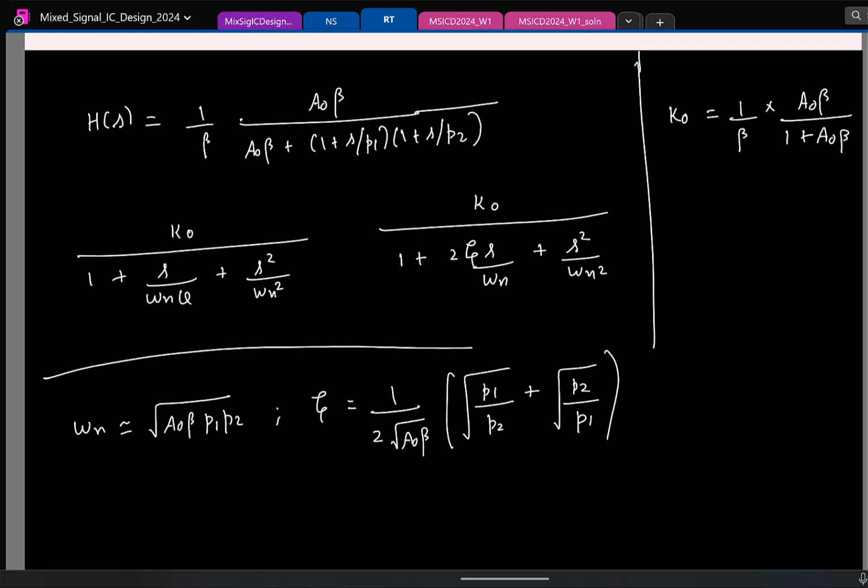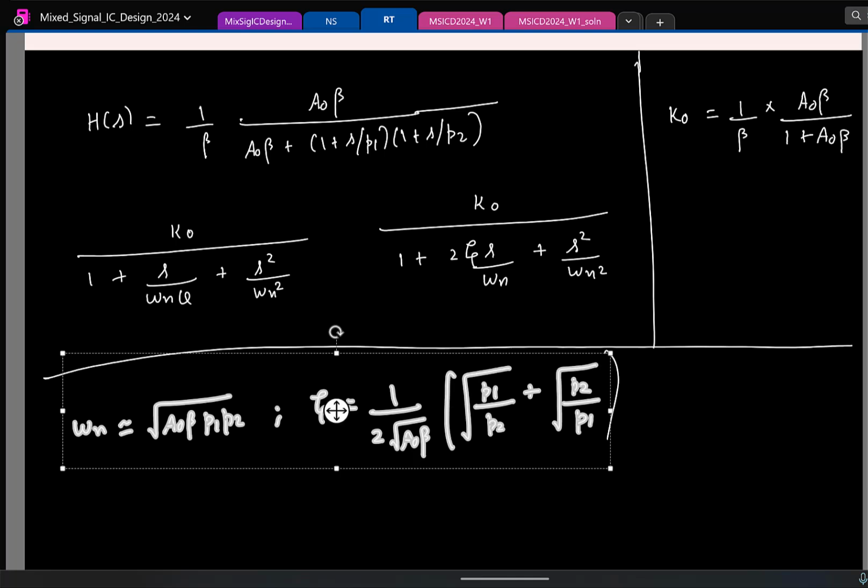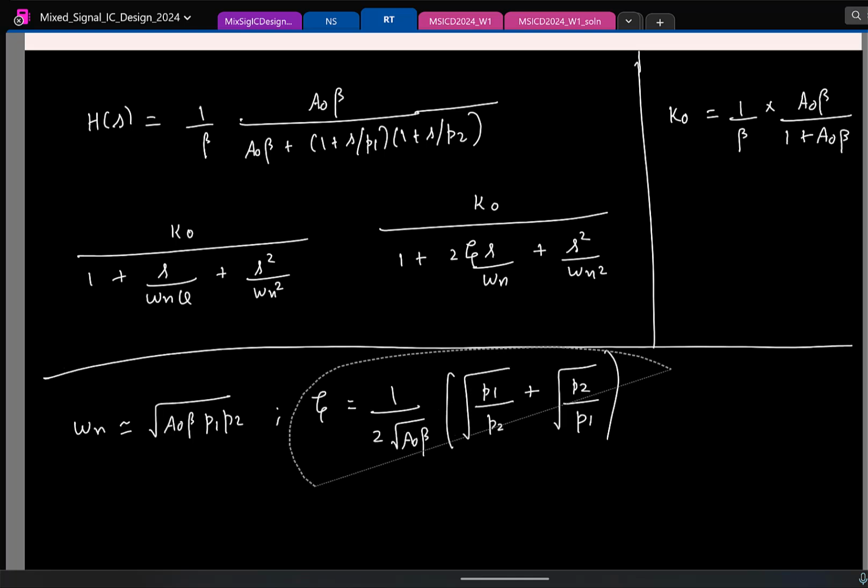Okay, this is correct, so you can trust me. If this is incorrect, we'll get to know later, but as of now, I think it's correct. Okay, let's move on.